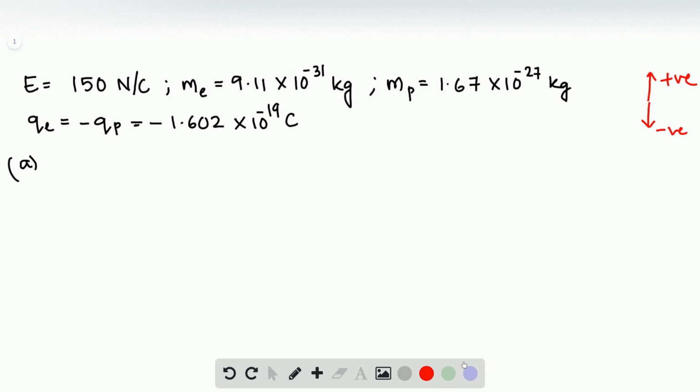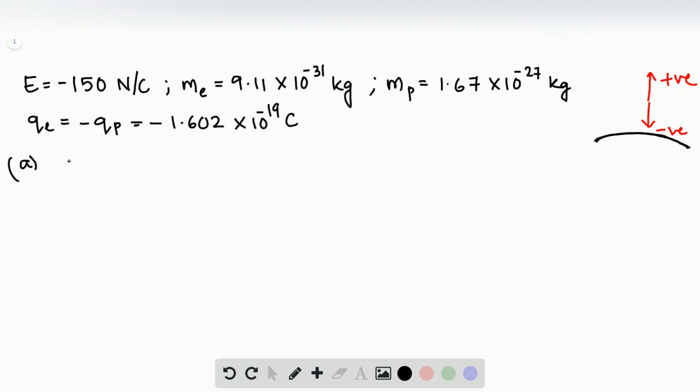And we know that the electric field is always pointed towards the Earth's center unless otherwise specified. So E will be negative 150 Newton per coulomb, considering this is the surface of the Earth.